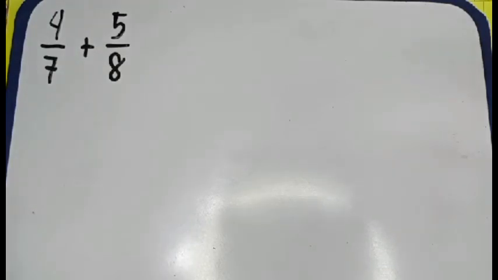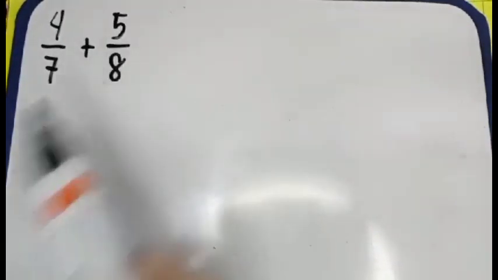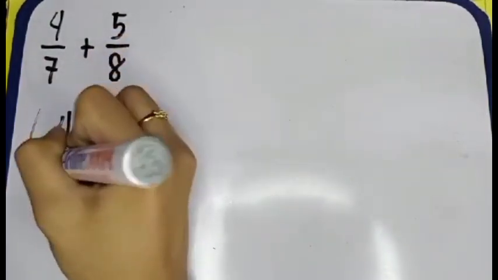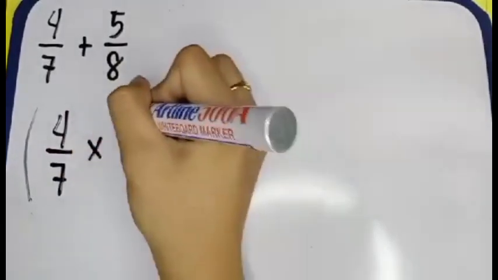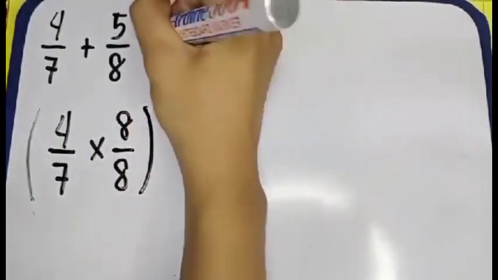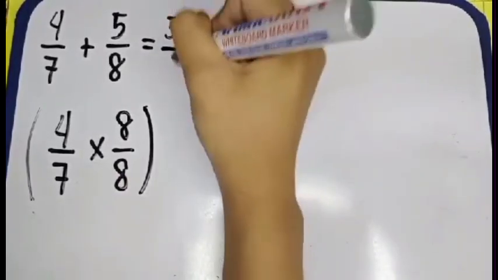Next naman is we're going to multiply again both numerator and denominator of each fraction by the number that makes its denominator equal to our LCM, which is 56. So 4 over 7 times 8 over 8 is equal to 32 over 56.